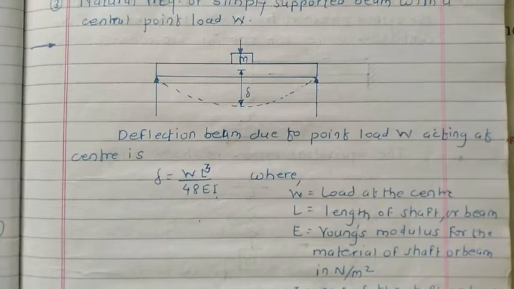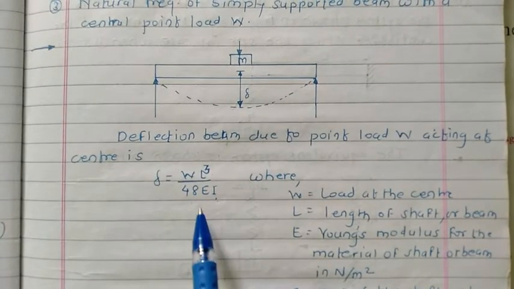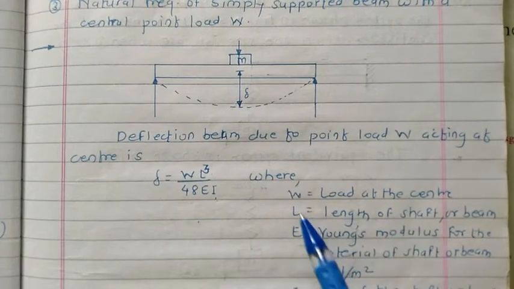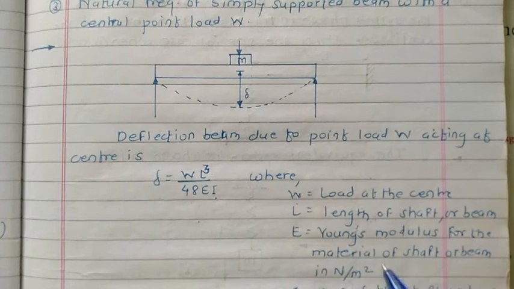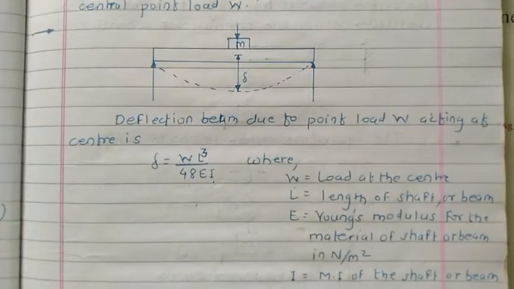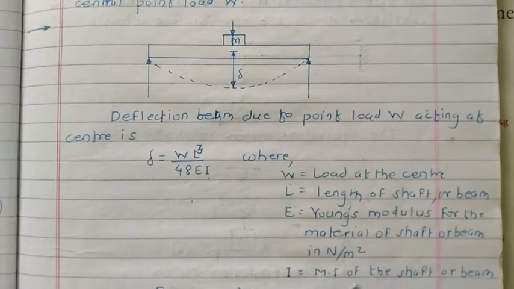We consider the simply supported beam, delta equals WL cube divided by 48 EI. Here W is nothing but the load at the center, L indicates the length of the shaft or beam, E indicates the Young's modulus for the material of the shaft in Newton per meter square, and I indicates the moment of inertia of the shaft or beam.